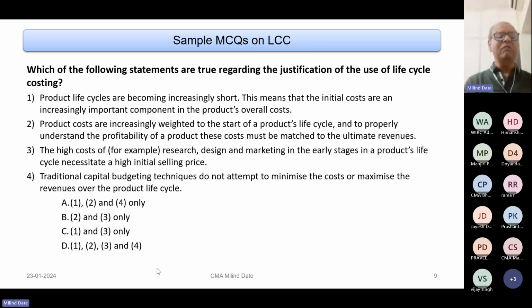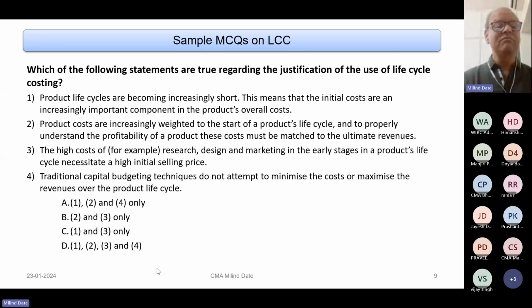Second statement says product costs are increasingly weighted to the start of the product's life cycle, and to properly understand the profitability of a product, these costs must be matched to the ultimate revenues. So, do you have to give extra weightage to the starting phase costs of a product, and then accordingly understand your profitability over the entire revenue that you generate out of the product life?